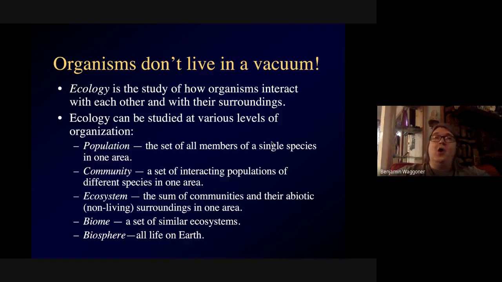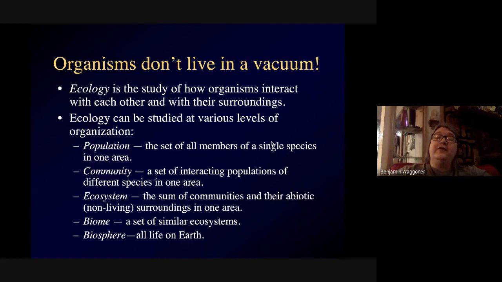Or, I don't know, Casper, we could talk about the population of brown seaweed in the Kattegat, something like that. That's just what a population is. All members of a single species in one area.